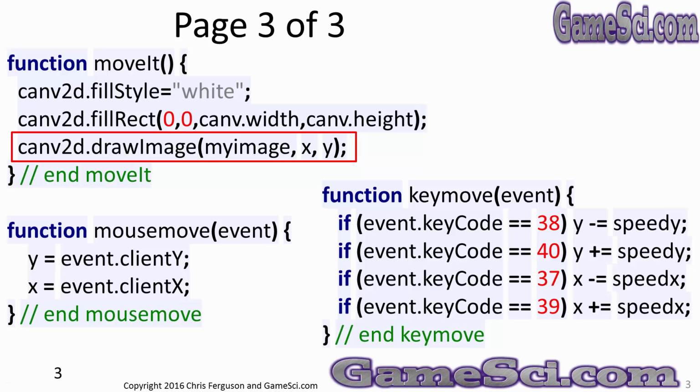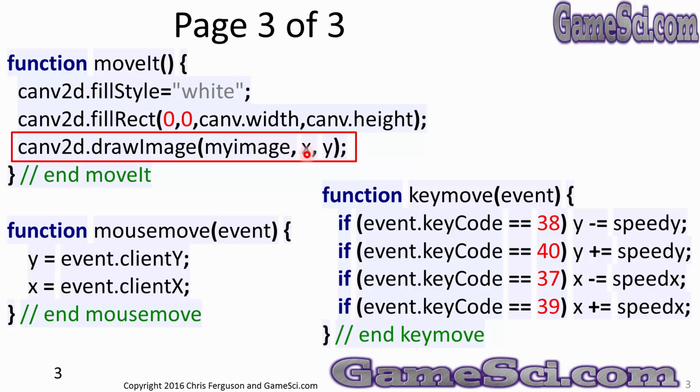And that's how game animation works. 60 times a second or 30 times a second, whatever we set the refresh rate to be, that's how many times we're going to redraw the screen. If X and Y has changed since the last time we redrew the screen, this will move the character to a new position.